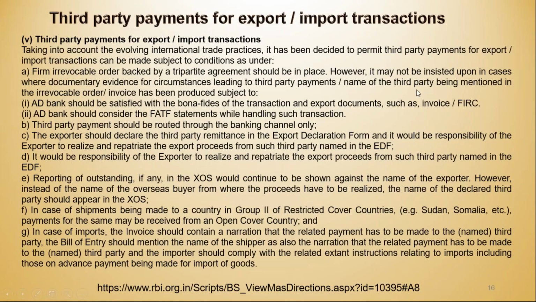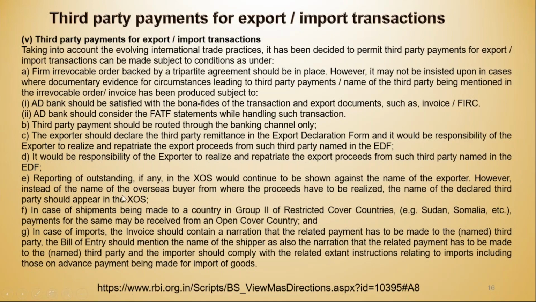However, it may not be insisted upon in cases where documentary evidence for circumstances leading to third party payments or the name of the third party is mentioned in the irrevocable order or invoice. When it is there in the invoice, and there is a requirement that payment should be received through a third party, that documentary evidence must be there. Therefore, in the export declaration form you also have to mention this.